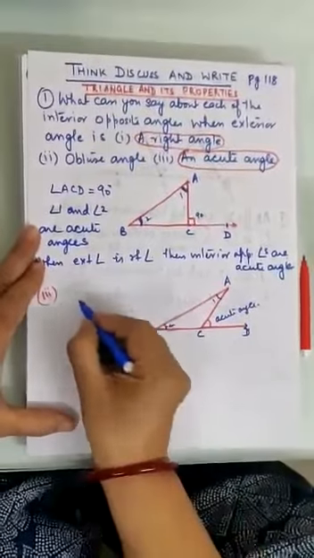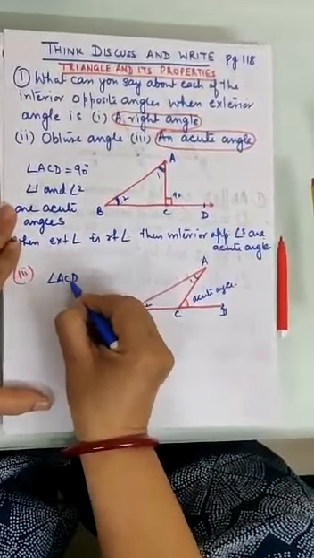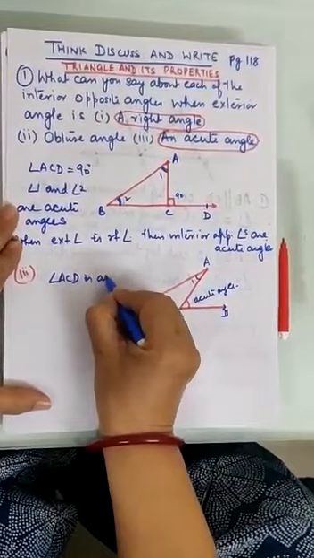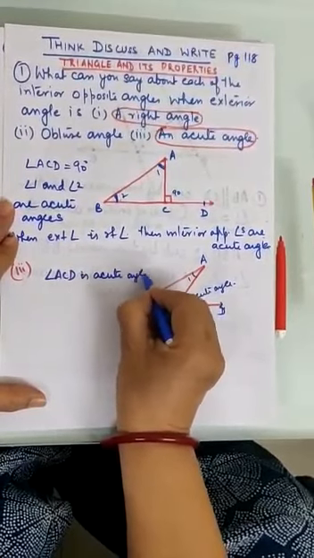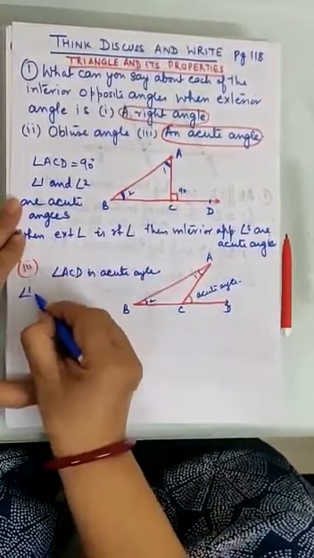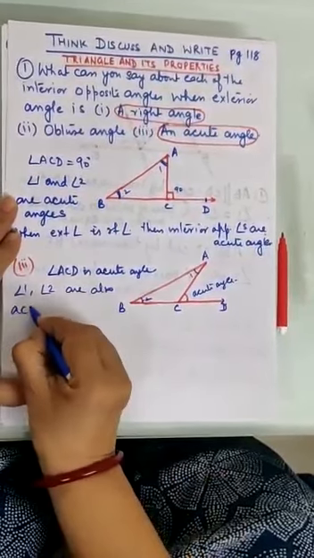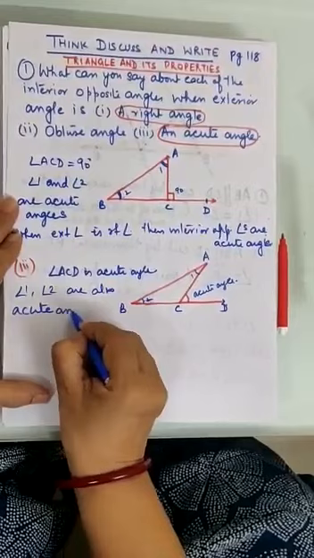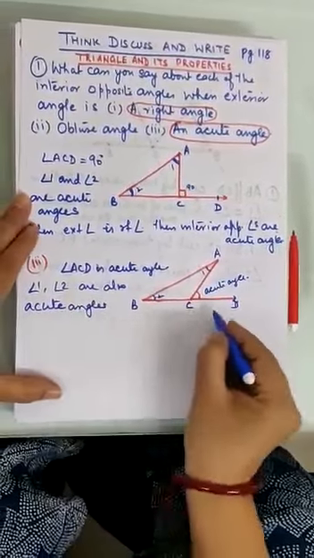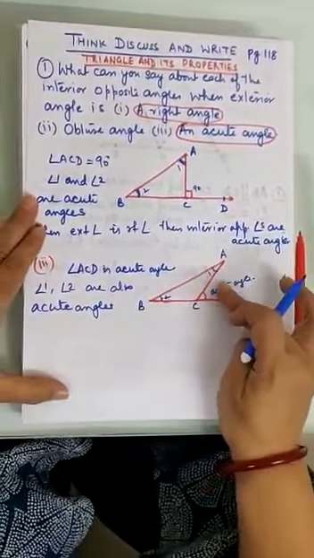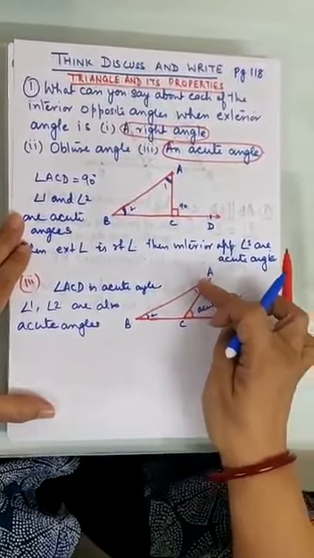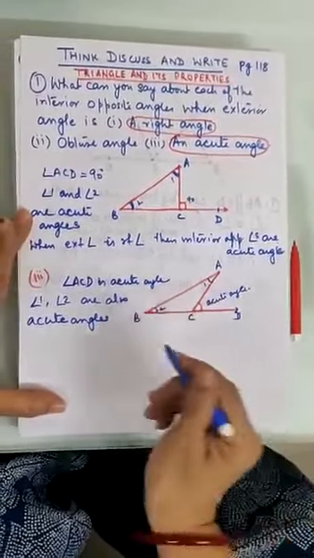So here angle ACD is an acute angle and angle 1 and angle 2 are also acute angles. So what do we conclude here? When the exterior angle of a triangle is an acute angle, the other interior opposite angles are also acute.